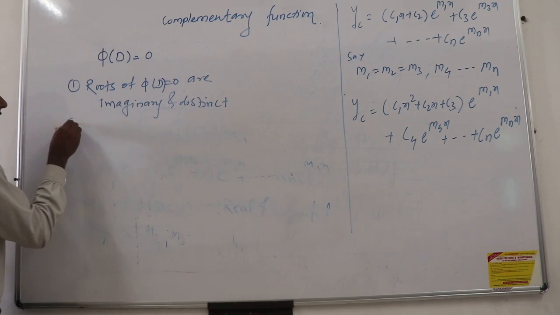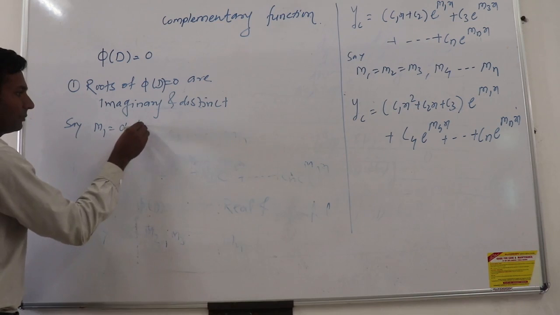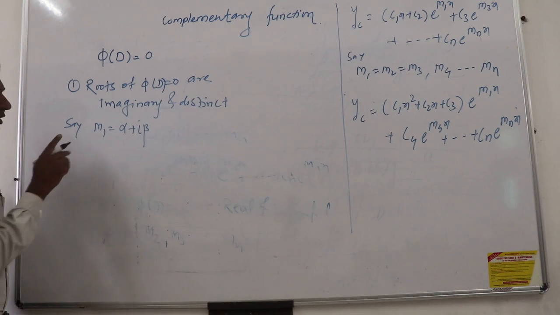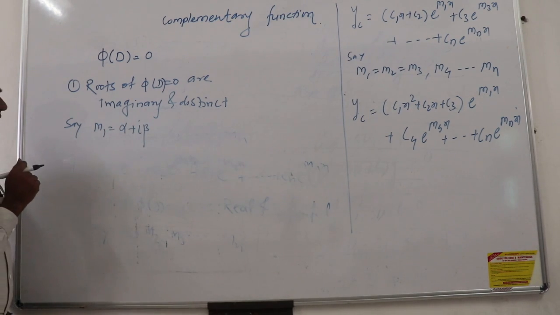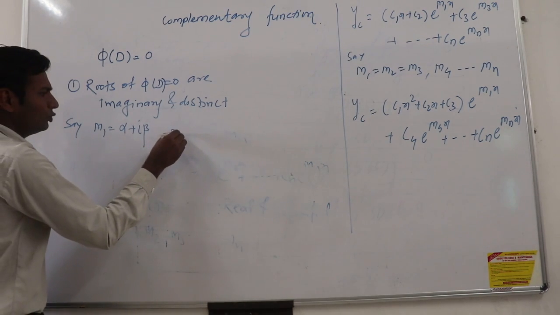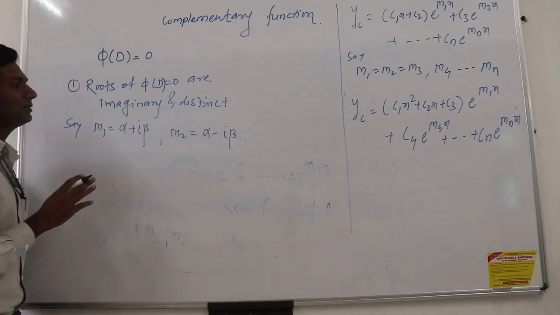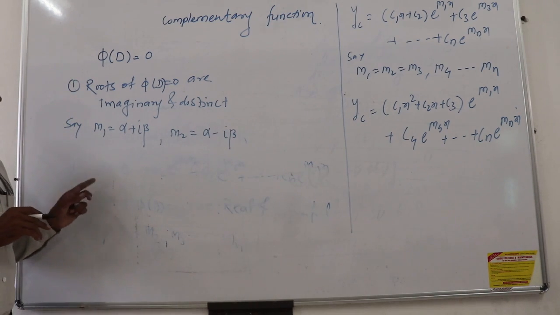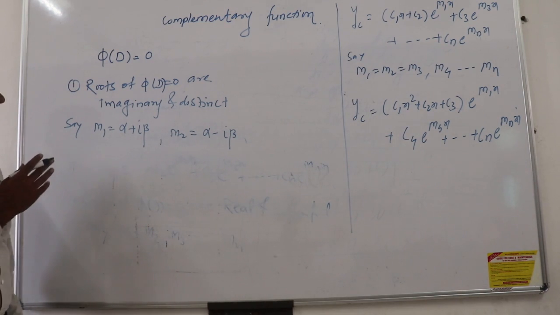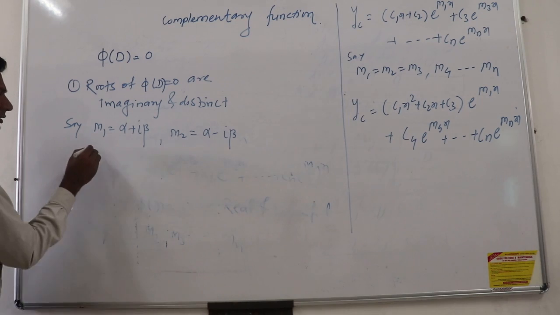We say the first root m1 is alpha plus i beta, where alpha and beta are real numbers and i is the root of minus 1. Then m2 is obviously alpha minus i beta, meaning imaginary roots are always in pairs of conjugates, alpha plus i beta, alpha minus i beta.